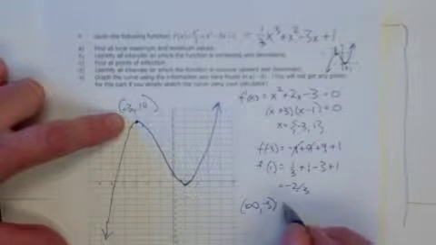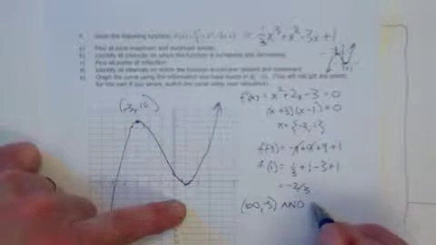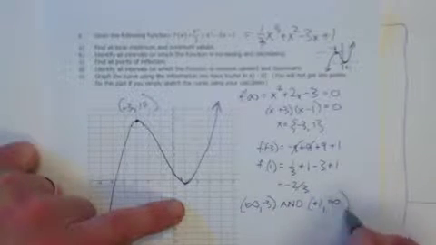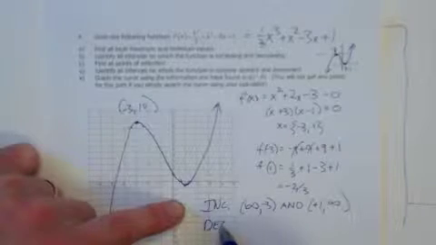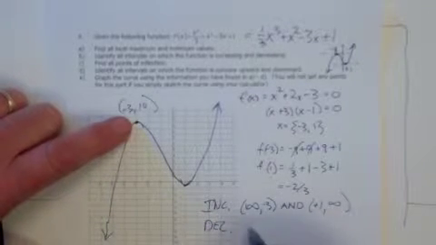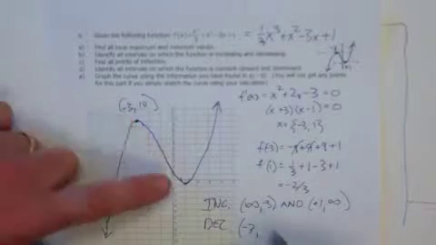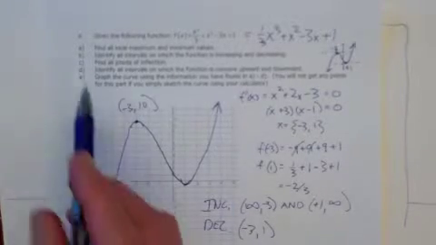And it's increasing from positive 1 to positive infinity. This is increasing. Decreasing then is only from -3 to positive 1. And I've got the soft brackets there because it does not include those actual maximum points.